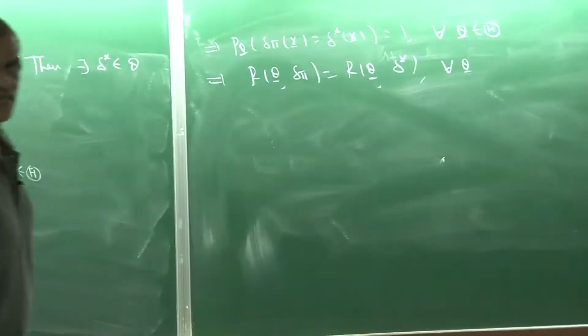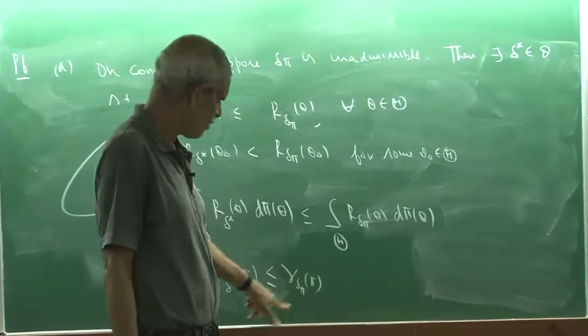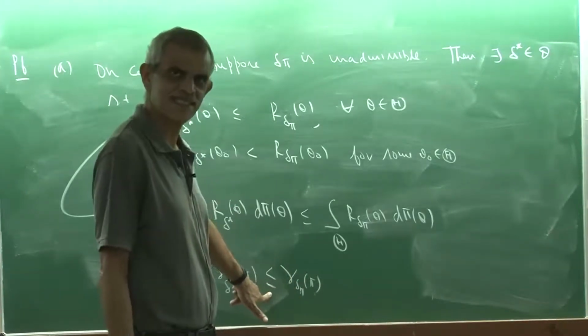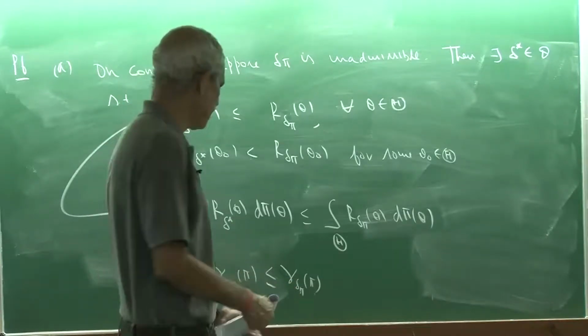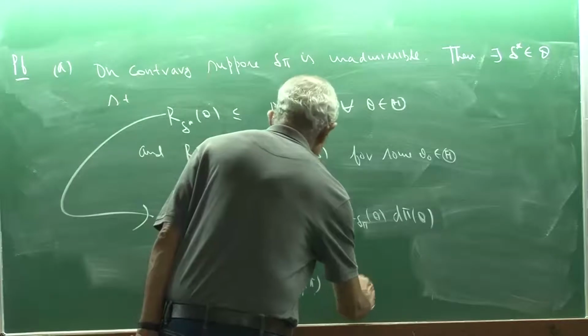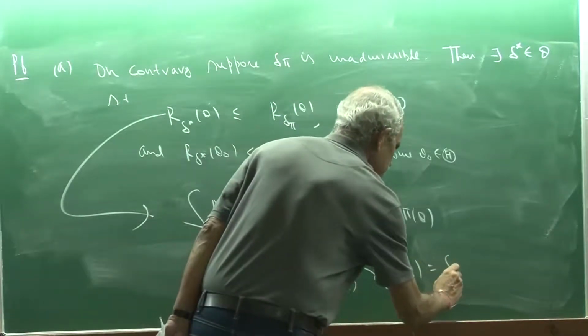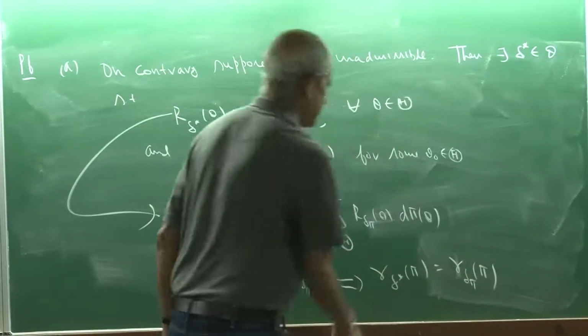That is what the definition of a unique Bayes estimator said. That means if there is any other estimator whose risk is less than or equal to the Bayes risk of delta pi, it can never be less than this, right? Because delta pi is Bayes, this implies that the Bayes risk of delta star is the same as the Bayes risk of delta pi.